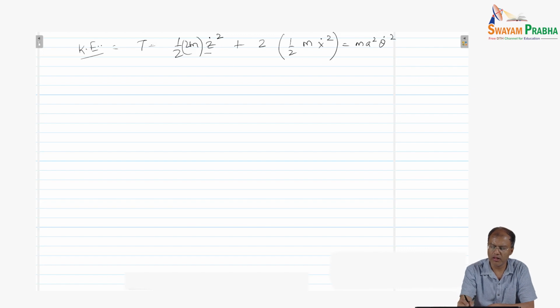We plug in all these formulas for x dot and z dot, and using the trigonometric identities, we find that this is m a square theta dot square.